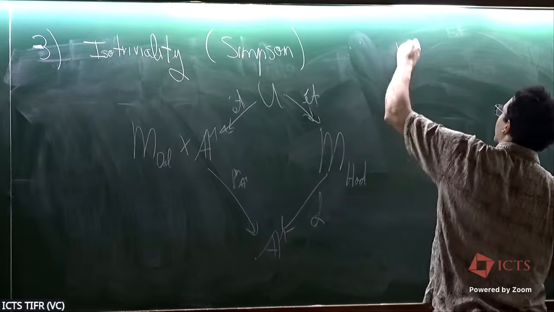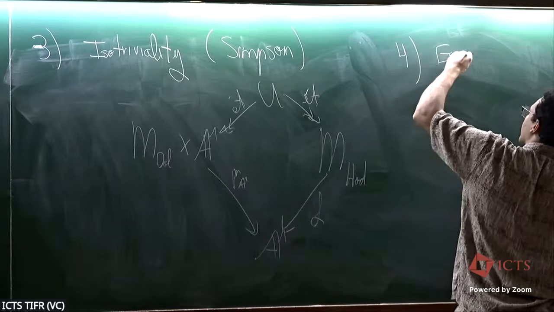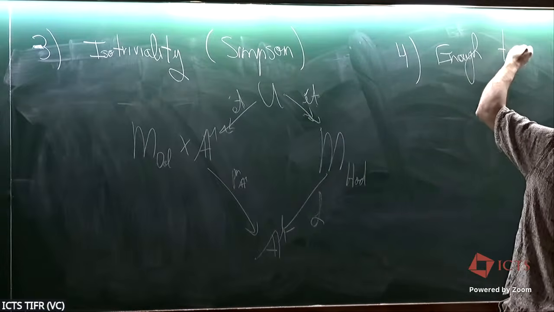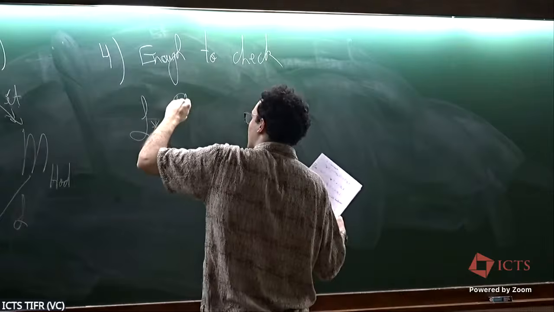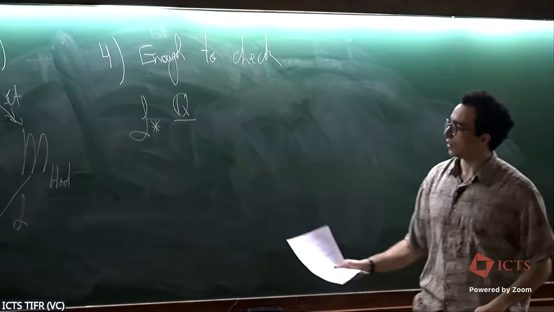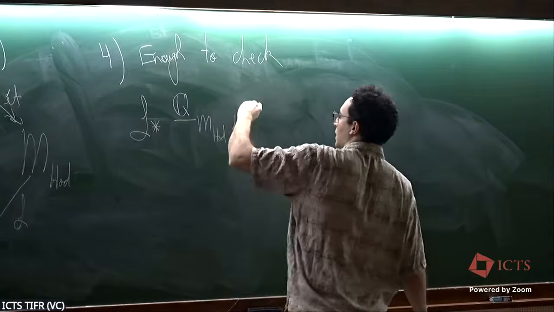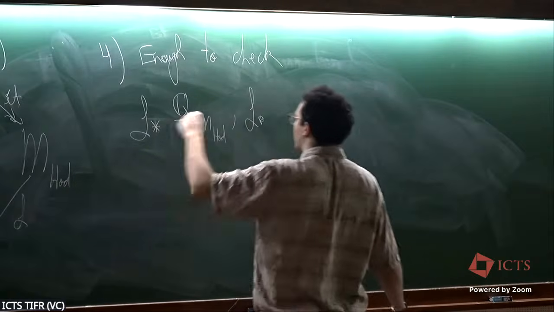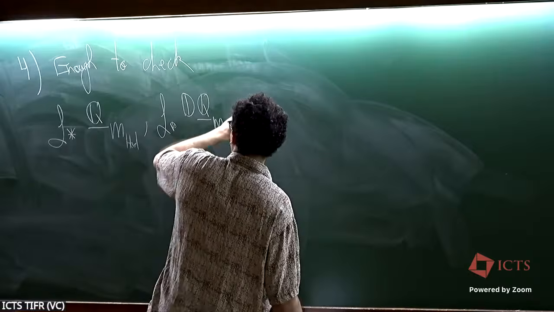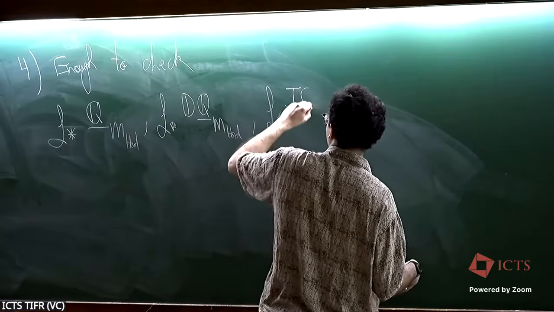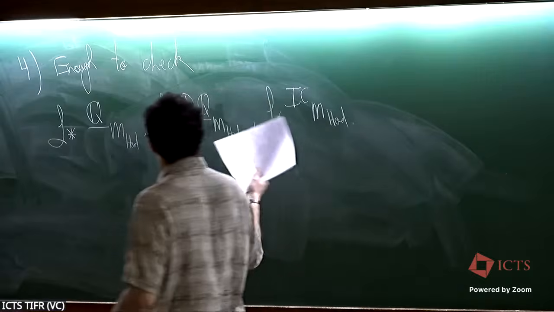Now, this isotriviality is already enough to check that if I look at the constant constructible sheaf with value Q on M Hodge, or the pushforward along f of the dual, or the intersection cohomology complex, for each of these different versions, it's enough to check that these are constant.